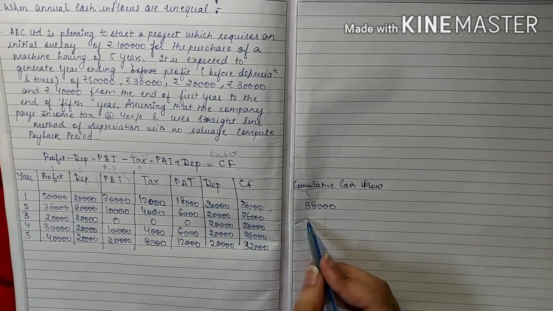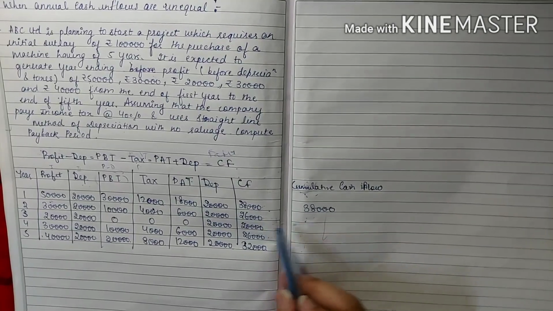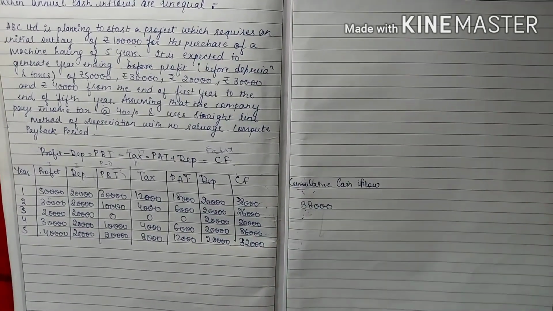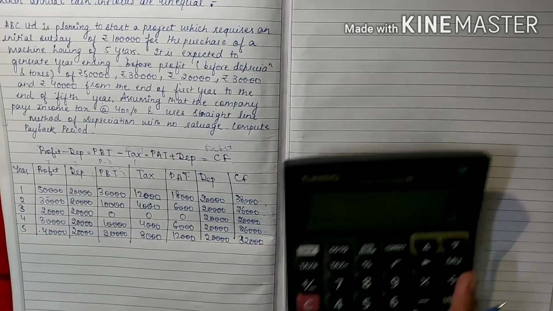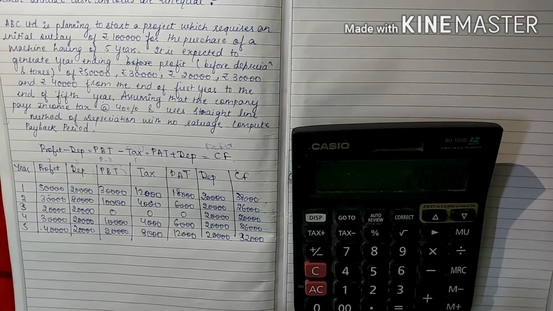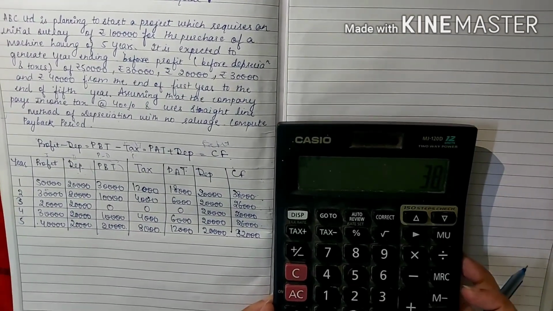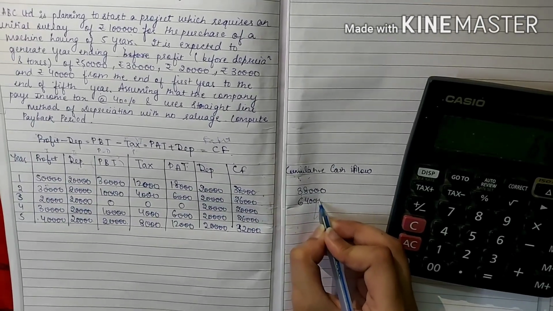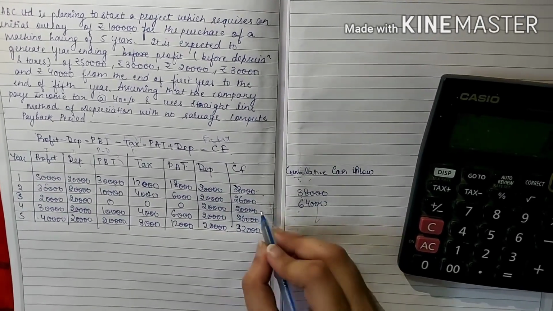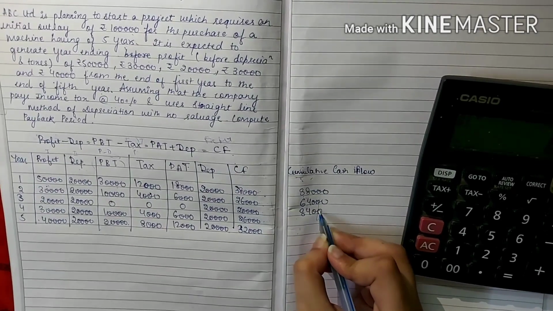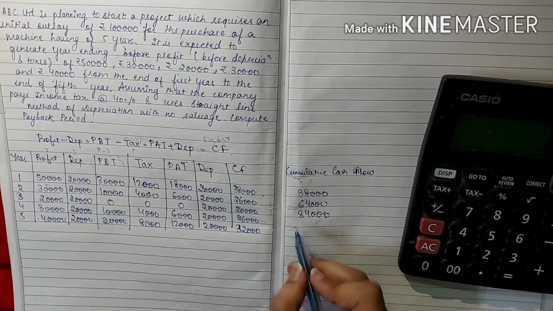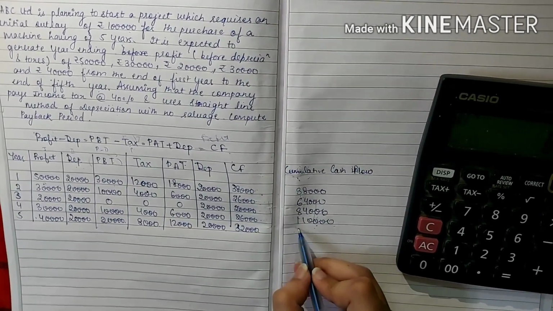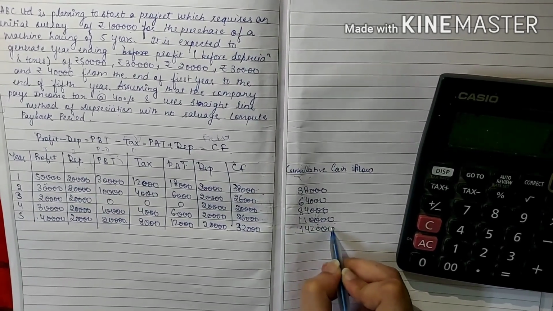Now for the second year, we will get the amount by adding 26,000 to 38,000, which is 64,000 for the second year. Then again adding the 20,000 to 64,000, we will get 84,000 for the third year. Again adding, we will get 1,10,000 for the fourth, and last it will be 1,42,000.